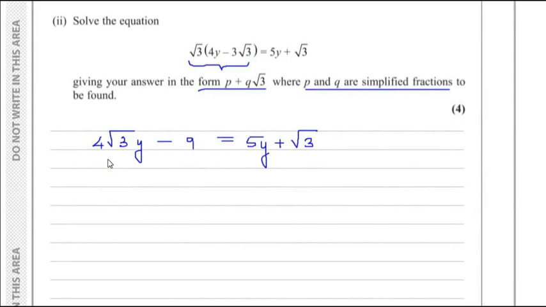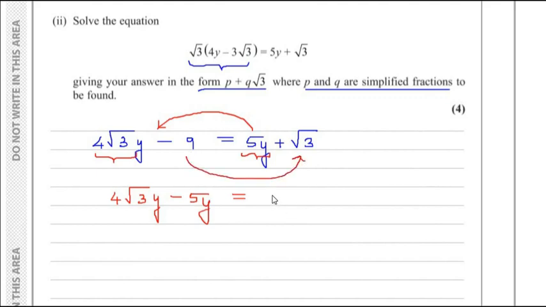We can see that there are two y terms in the equation. So we can take −5y to the other side and write it as 4√3y − 5y equals, and we'll take −9 to the other side. So it becomes √3 plus 9.